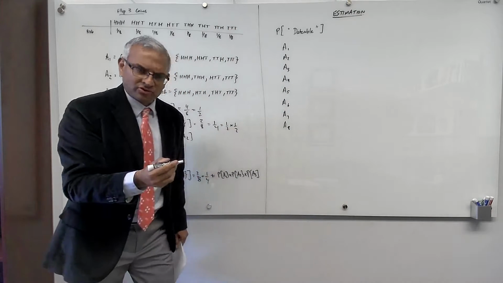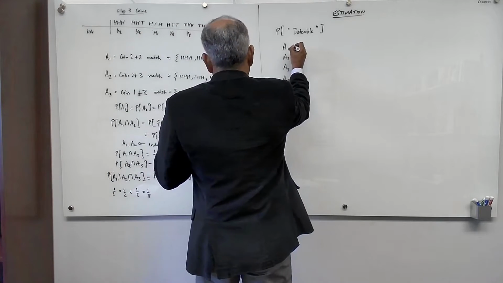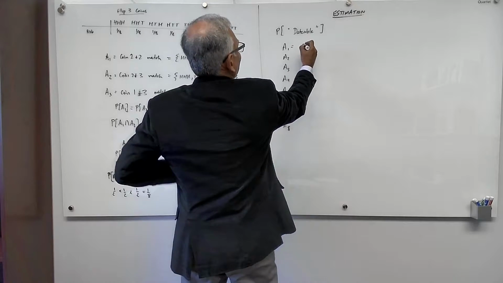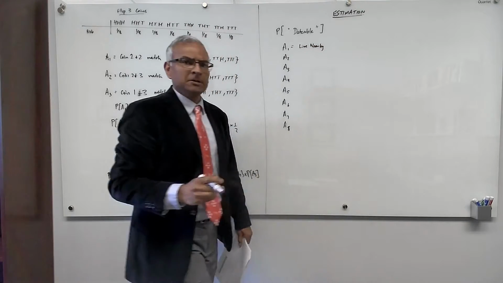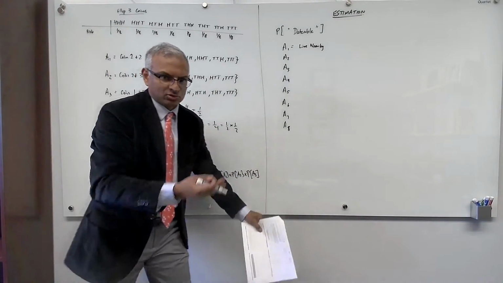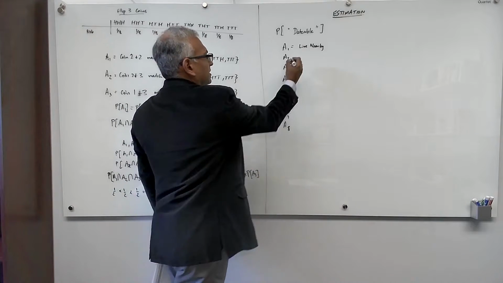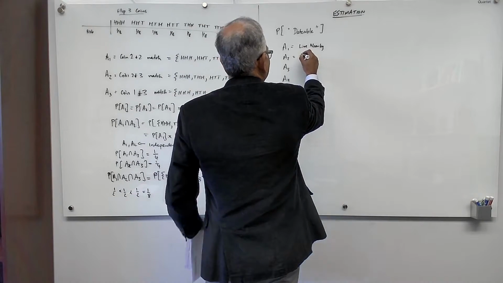And let me just tell you what those criteria are, and you'll see that they're very reasonable criteria. So A1, to be dateable, you have to live nearby. Makes sense, right? If you're dateable, I should be able to go on a date with you, so you live nearby. If you're dateable, you should be the right sex.